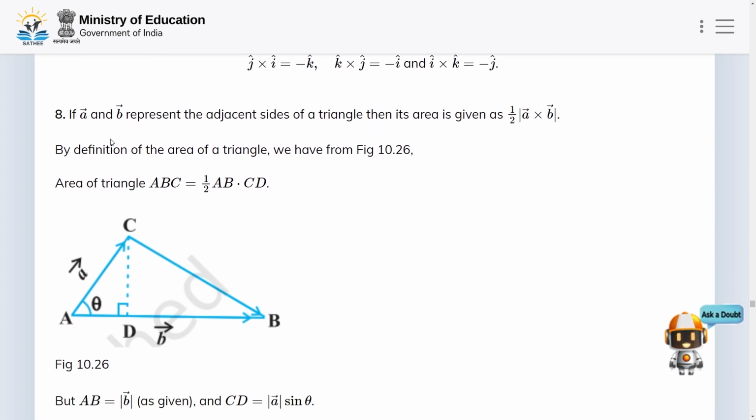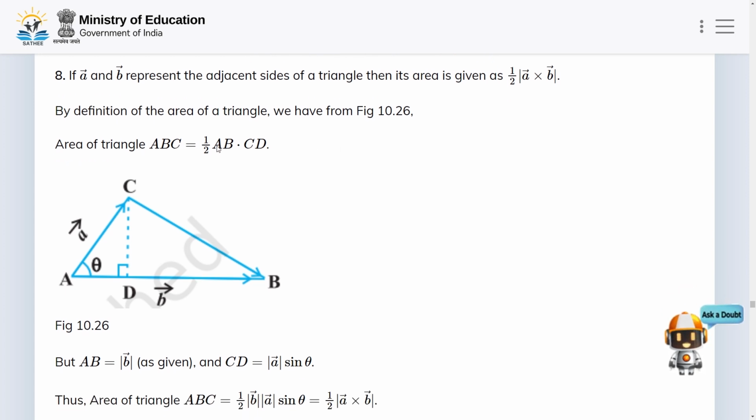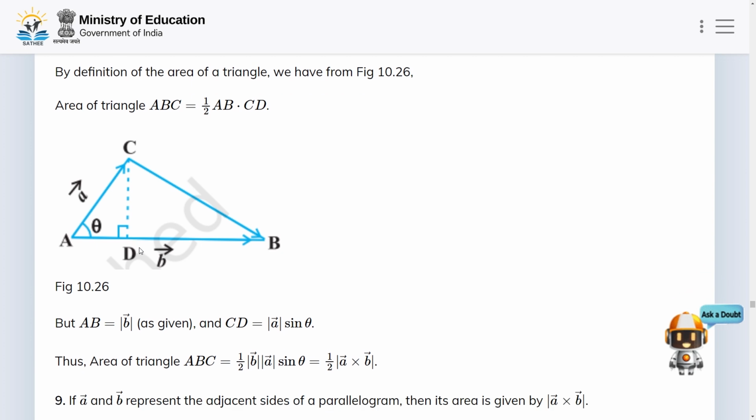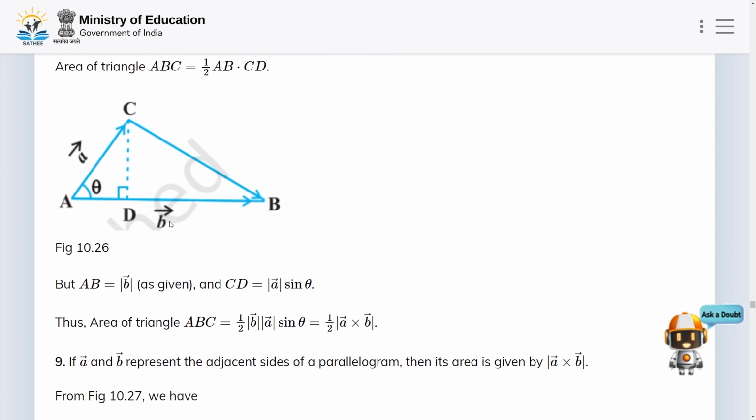Now the eighth. If vectors A and B represent the adjacent sides of a triangle, then its area is given by half of the modulus of the cross product of A and B. Let's see. By the definition of the area of a triangle, from this figure, you have half into base into height, which is half of AB times CD. Now AB is just the magnitude of B vector.